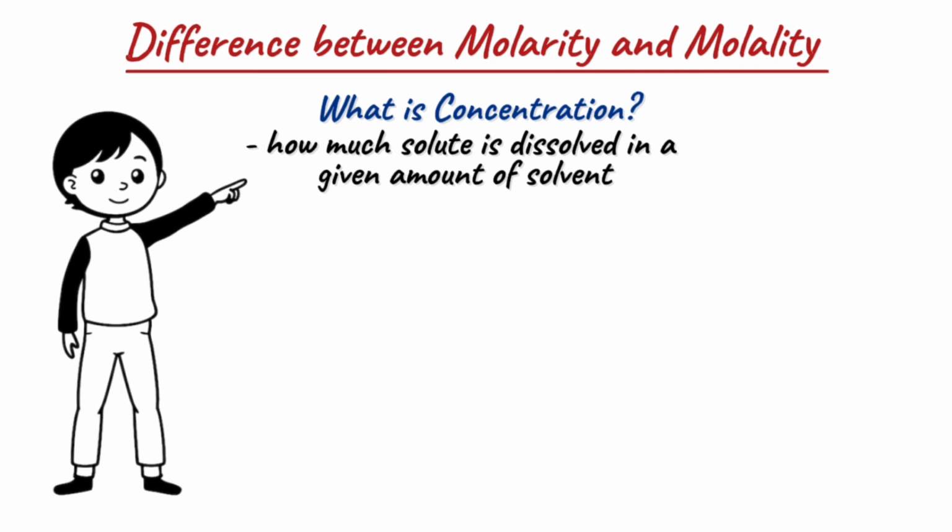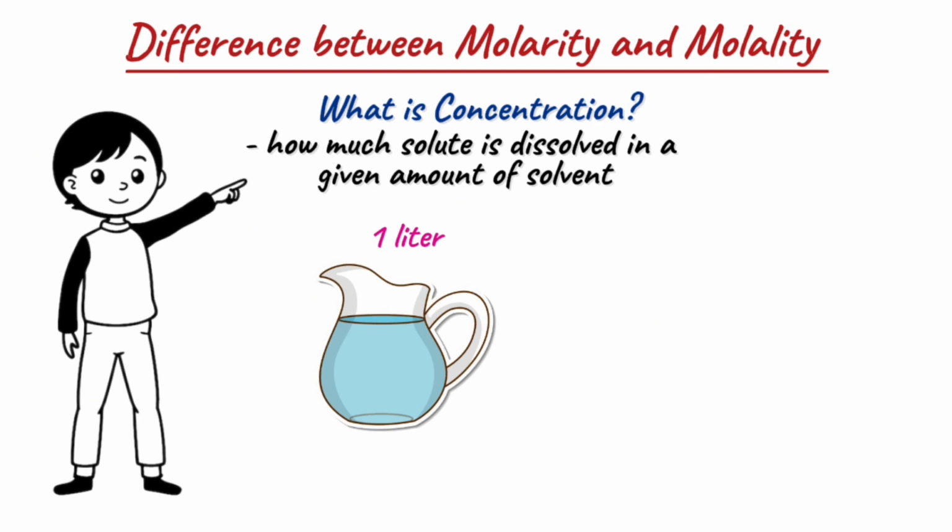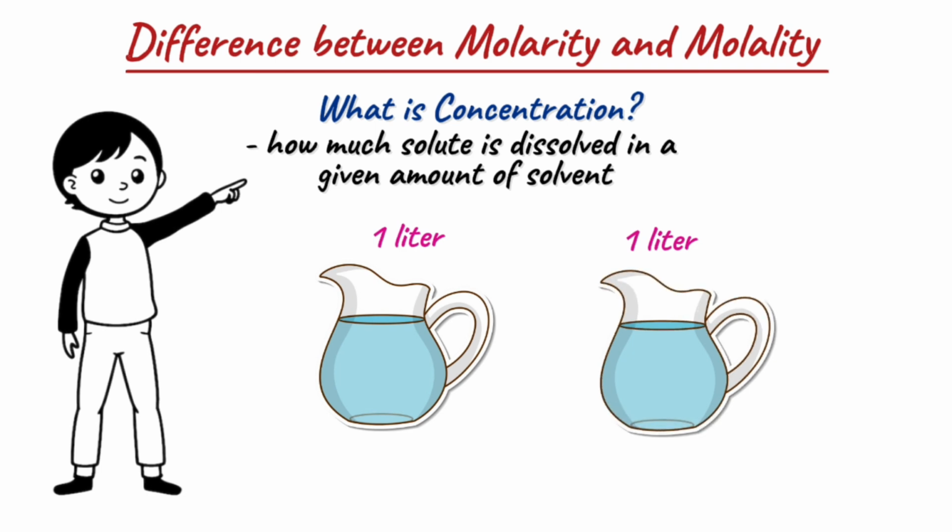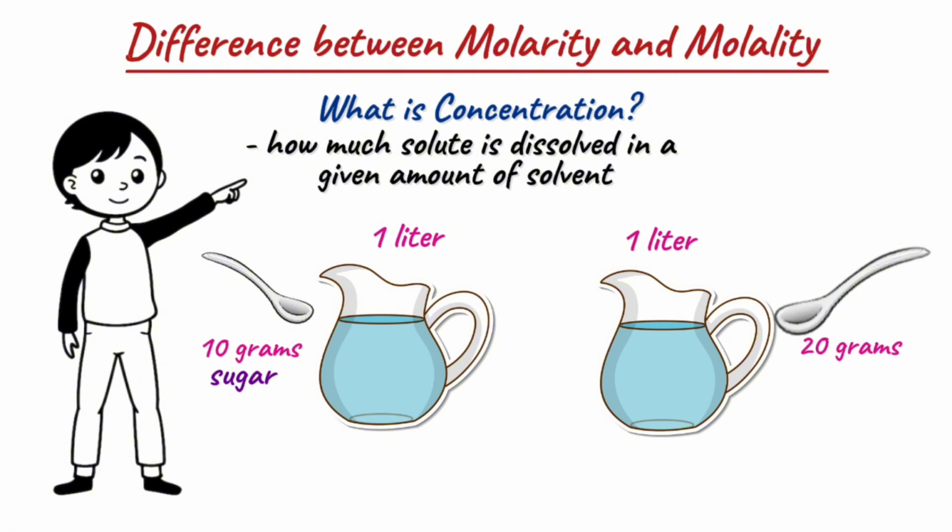For example, consider 1 liter water in this object and 1 liter water in this object. In this 1 liter water I dissolve 10 grams sugar to form a solution, while in this 1 liter water, I dissolve 20 grams sugar to form a solution.